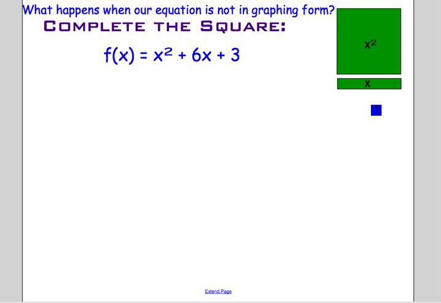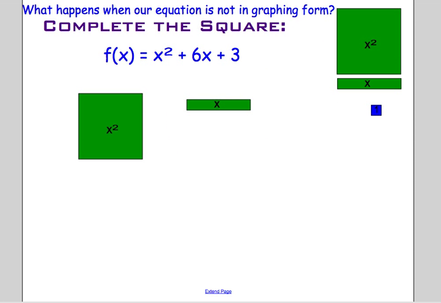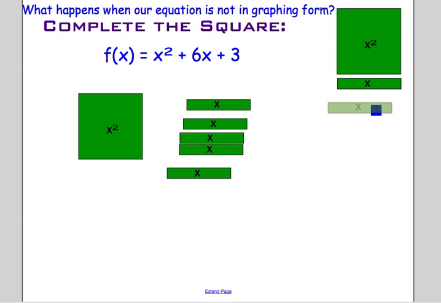I'm going to start with just building x squared plus 6x plus 3 with algebra tiles. So we're going to have an x squared, 6 x's, and 3 ones. Now, I'm going to take all these pieces and try to arrange them in a square.